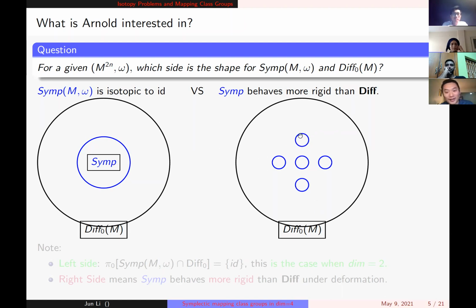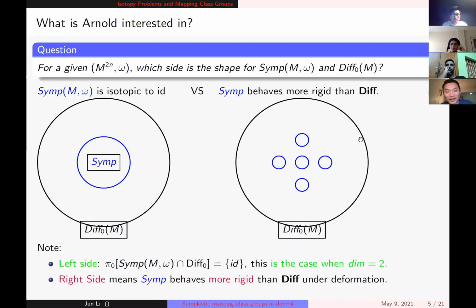While on the right-hand side, we are able to find many connected components of Symp. That's an interesting case. So Arnold's seeking the right-hand side picture. We hope to see some of these guys in dimension 4 or higher.